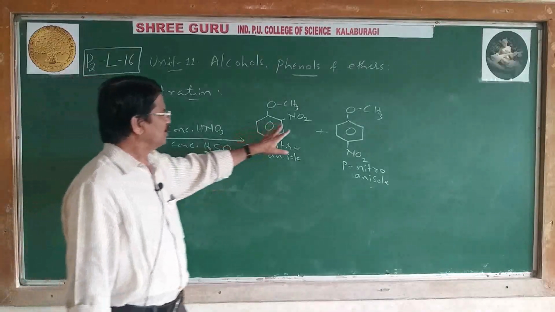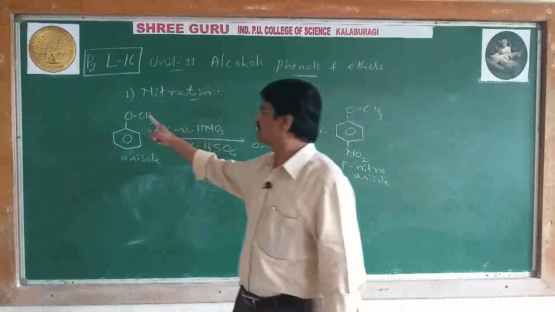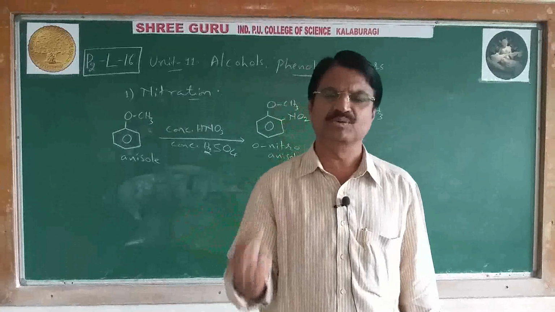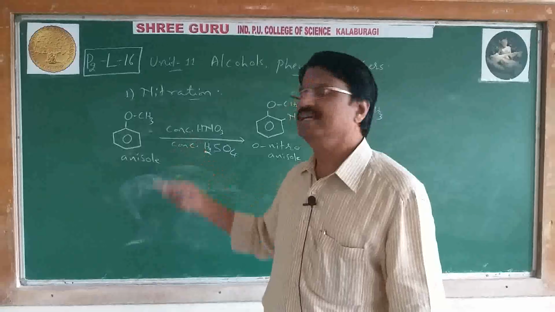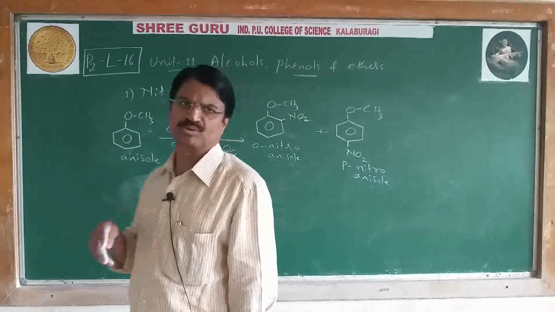Now you come to know why you get ortho product and para product: the methoxy group in anisole is called an ortho-para director due to resonance and is a ring activator. It easily undergoes nitration to give 2 compounds.